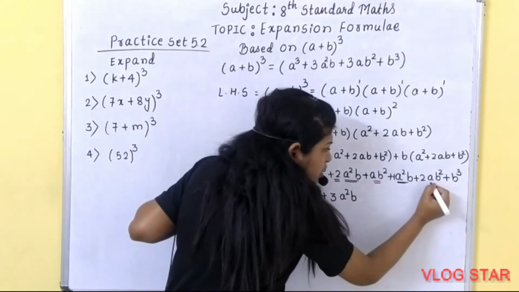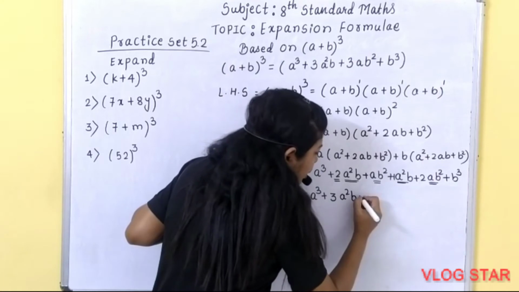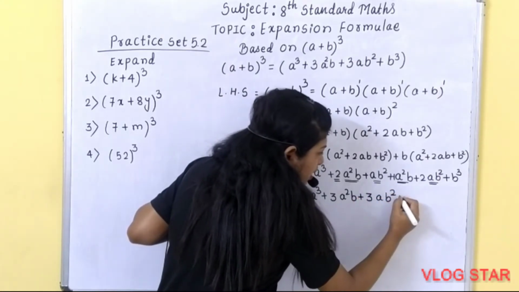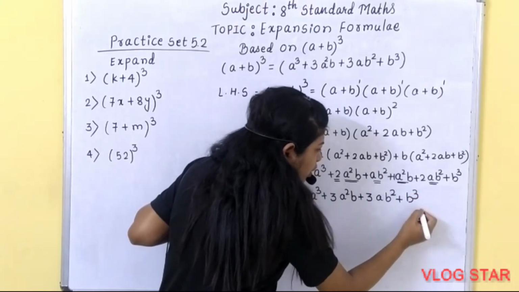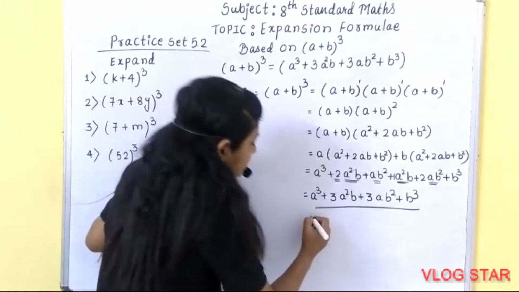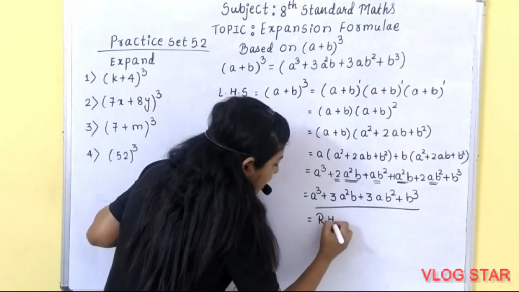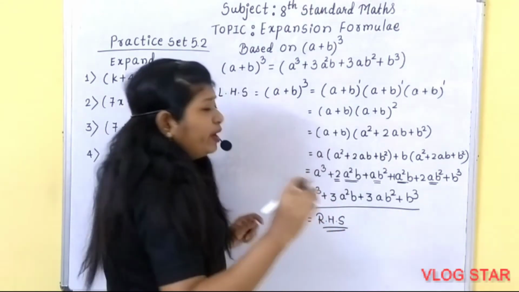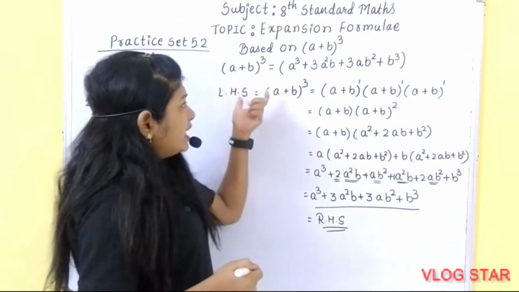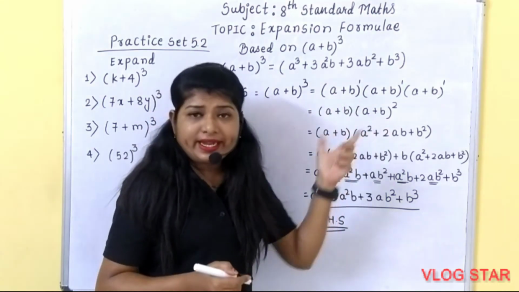Similarly, ab square and ab square, if you club them, you will get 3ab square, plus what is remaining, b cube. If you check with the right hand side result, this is equal to RHS. I hope you have understood how to get the left hand side equal to the right hand side.